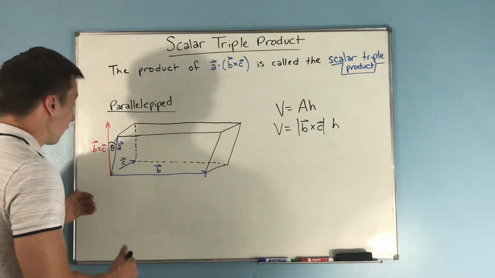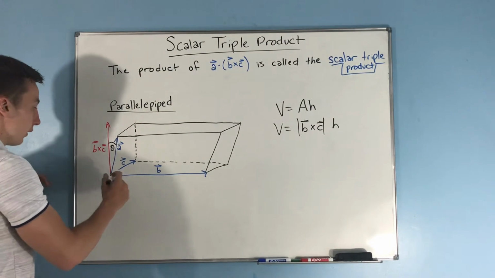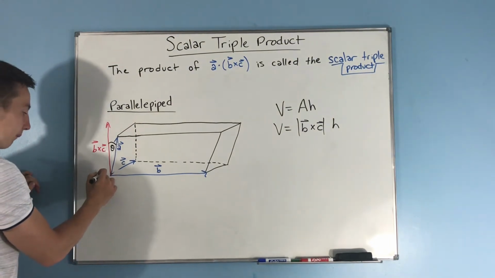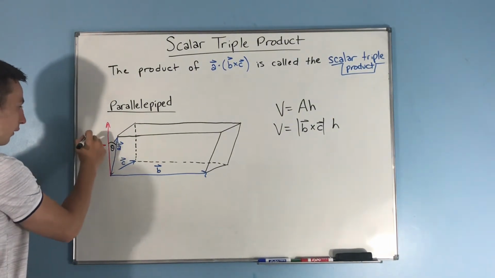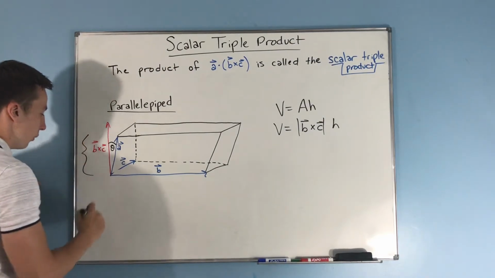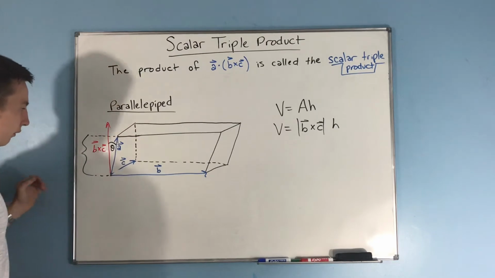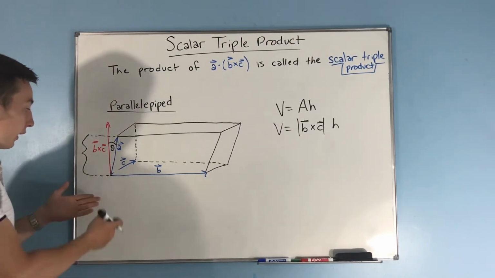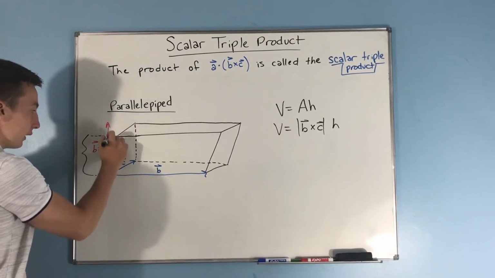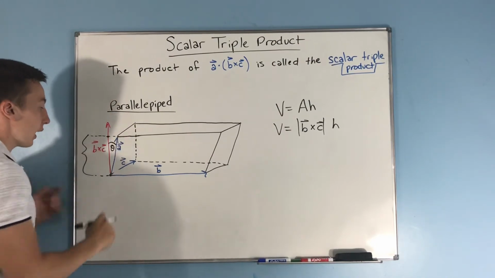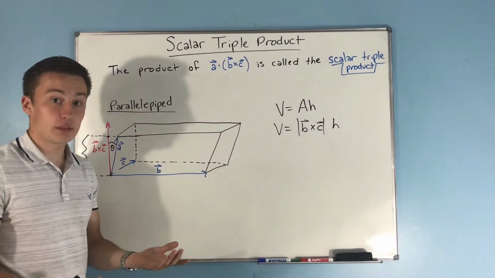Now the height. Okay, the height is basically this distance right here. It's the distance from, see if I can write a curly bracket here. Oh, did it? All right. So it's this distance right here, okay? And basically that's from this point to this point on this red line, this vector that's B cross C, okay?